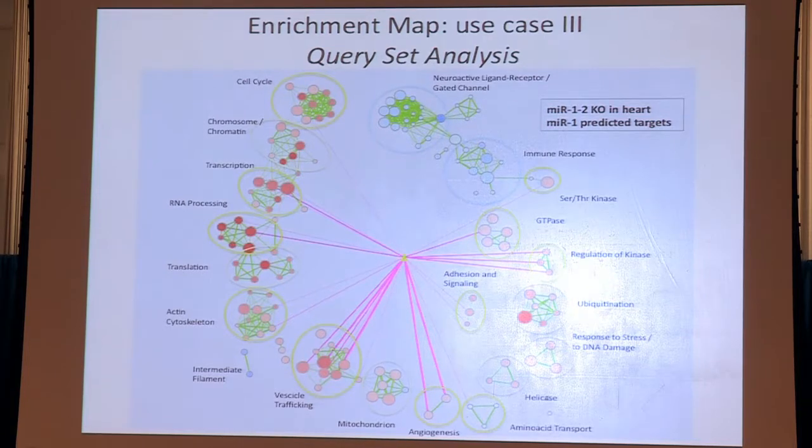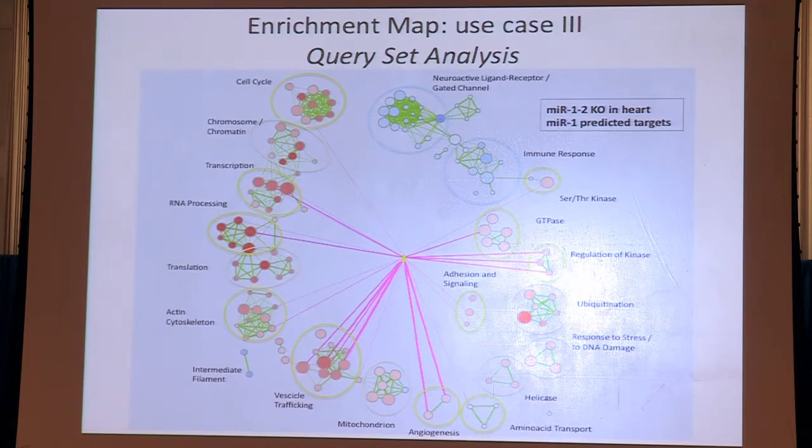Okay, so the third thing that is useful in Enrichment Map, the last thing that we use it for, is what we call query set analysis. There are a number of different biological questions that you can answer with this, but the idea is that once you've done your pathway analysis and identified a bunch of pathways that are going up and down in your gene expression data, you might have another list of genes that you're interested in to see how those genes relate to the pathways.